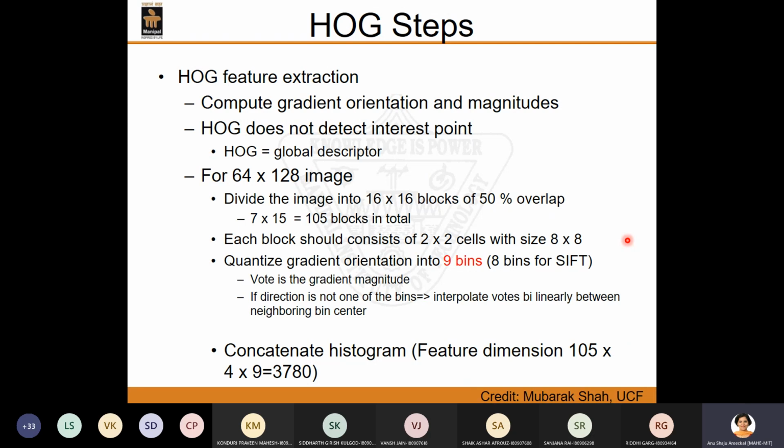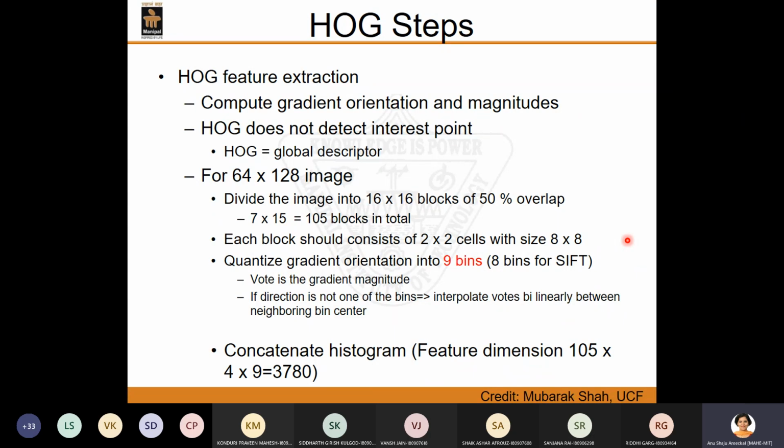HOG feature extraction is one of the most popular feature extraction techniques used in image processing applications. As I said earlier, we calculate the gradient. As we discussed in the last class, a gradient is a vector quantity, so it has a magnitude as well as an orientation.